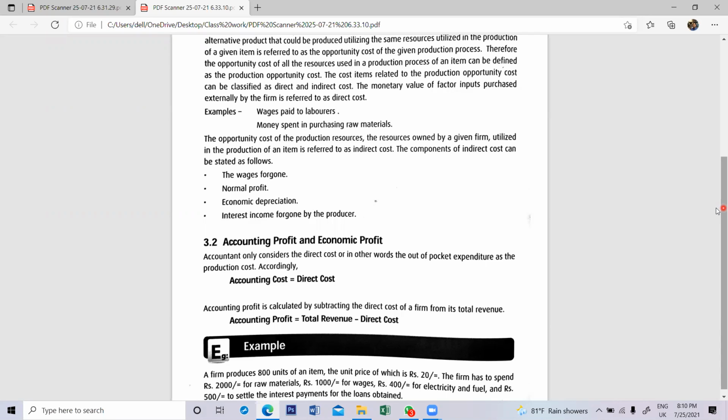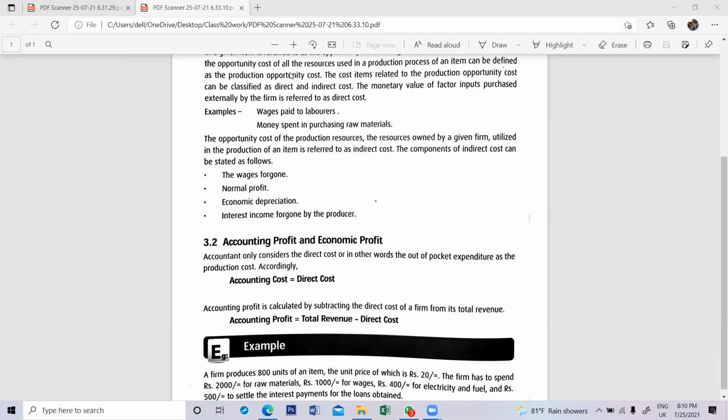The accountant only considers the cost, or in other words, out of pocket expenditure, as the production cost. Accordingly, accounting cost equals direct cost. Accounting profit is calculated by subtracting direct cost of a firm from total revenue. So accounting profit means total revenue minus direct cost only.